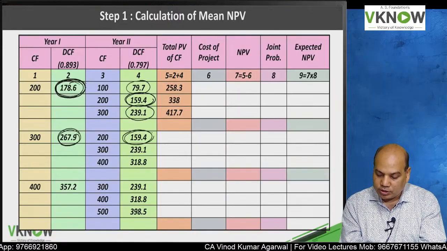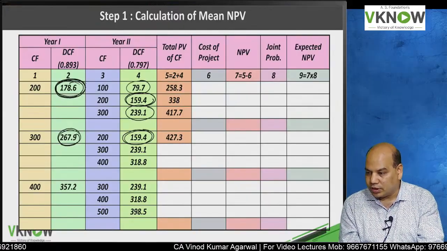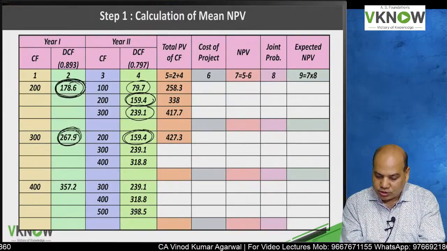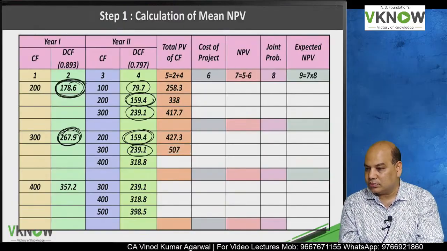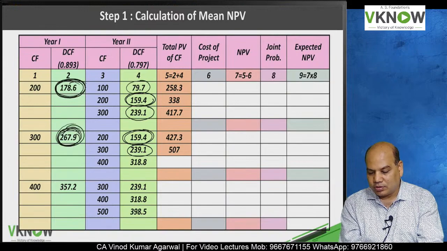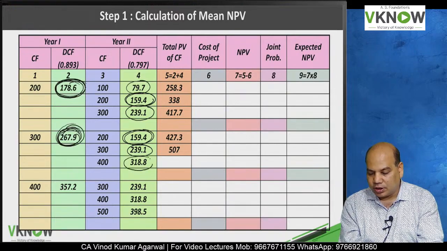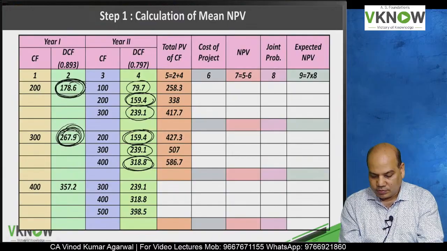267.9 plus 159.4. 427.3. Very good. Next 267.9 plus 239.1. 507. 267.9 plus 318.8. 586.7.